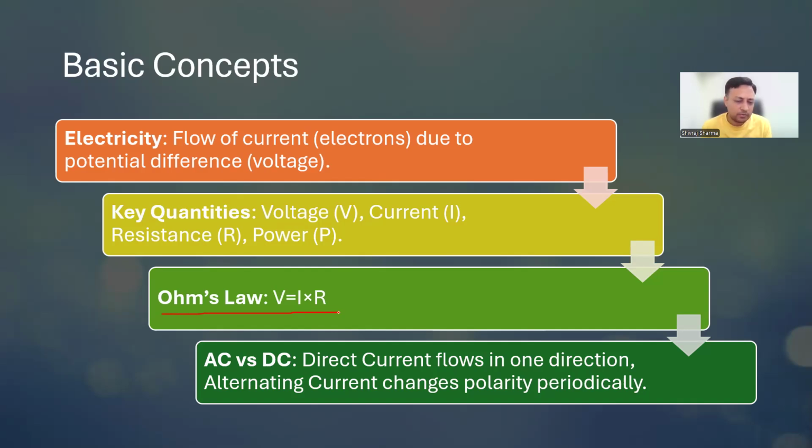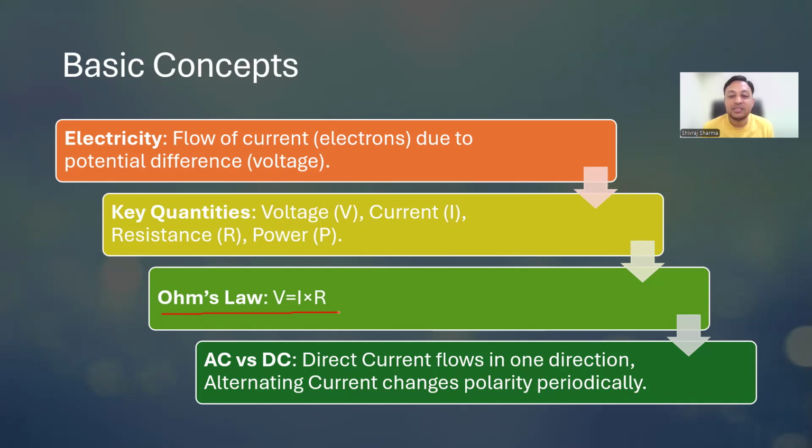The third thing: you have all heard about the two types of current flow, AC and DC. The difference is that direct current, DC, flows in only one direction. And what is alternating current?